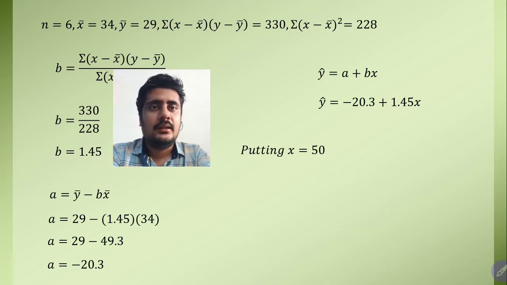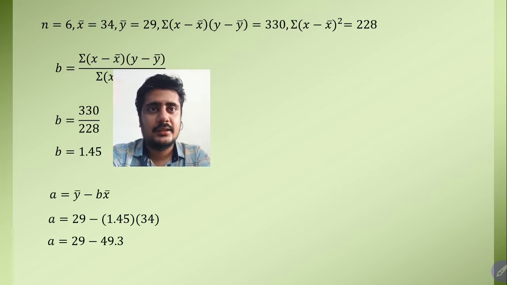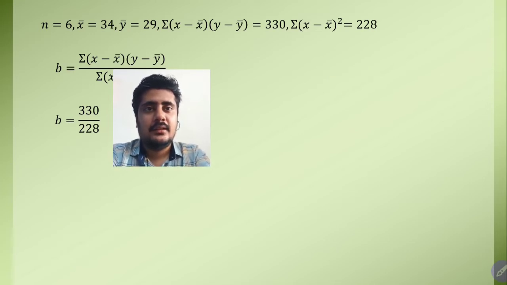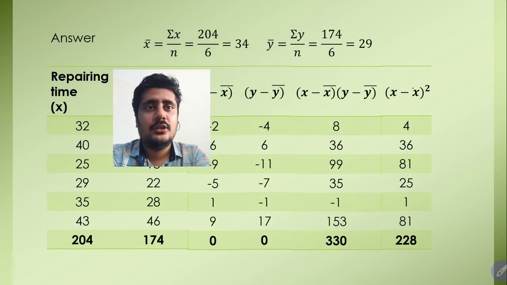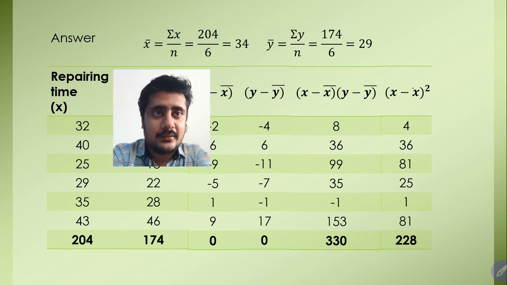Now what are these situations? This formula, I'll term it as the first formula, as in my list it was the first. This formula is generally used when x bar and y bar are round, without any kind of point. See, in this sum x bar is 34 and y bar is 29. There is nothing like 34.69 or 34.97.